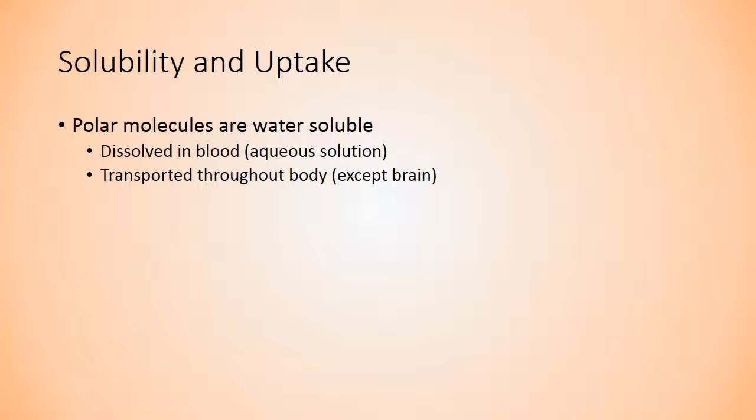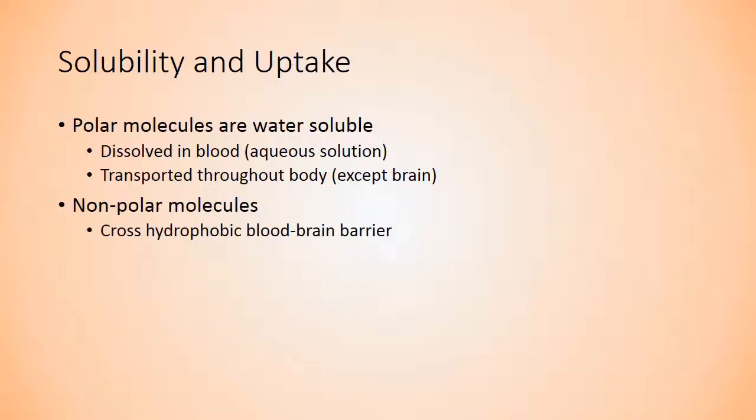And therefore, polar molecules do not dissolve in fats, as we know, because those are nonpolar, unless it's extremely small, like ethanol. Nonpolar molecules can cross the hydrophobic blood-brain barrier, which is why we modify drugs so that we can hit a target source based on where we need the drug to go, and that will determine how the structure of the drug needs to be done.